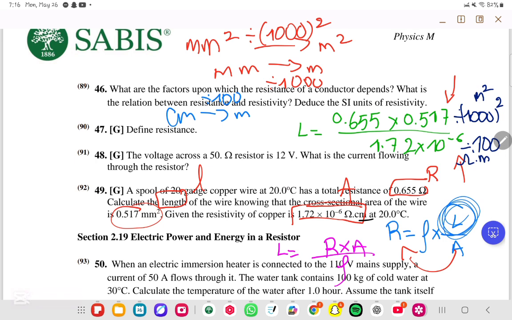Now you put it on your calculator: 0.655 times 0.517, divided, pay attention, divided by 1,000 squared, over 1.72 times 10 to the power of minus 6. But don't forget, you are dividing the whole thing by 100. Now you put it on your calculator, and by rounding, you will get the answer to be 19.7 meters. Why meters? Because we changed everything in order for it to be meters.